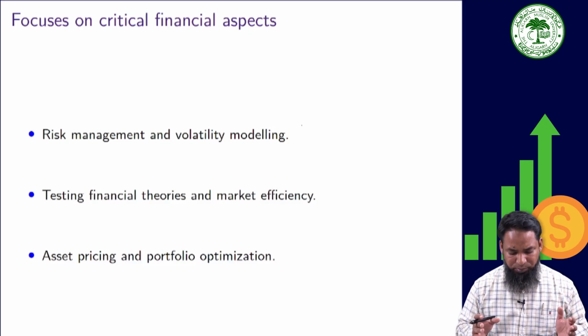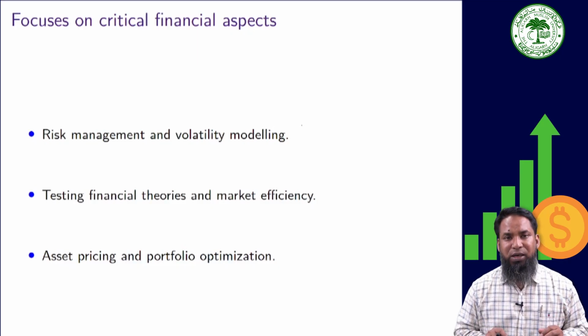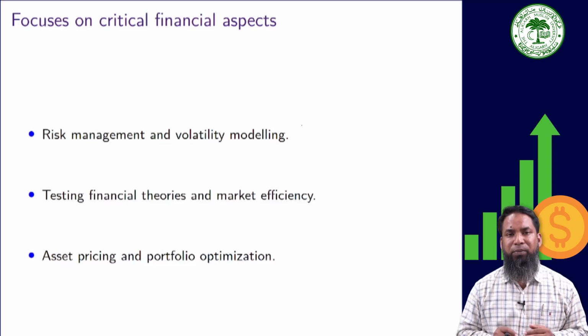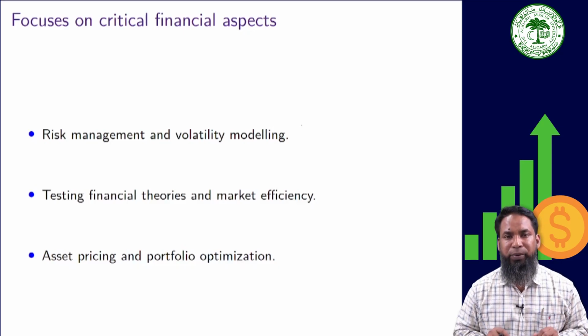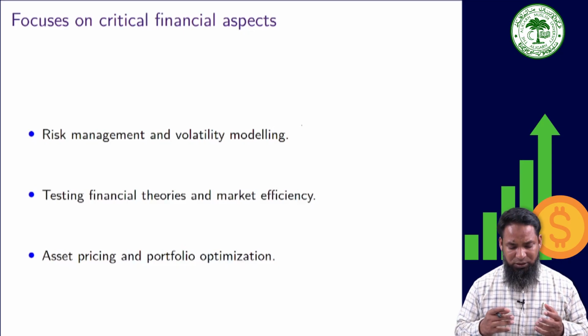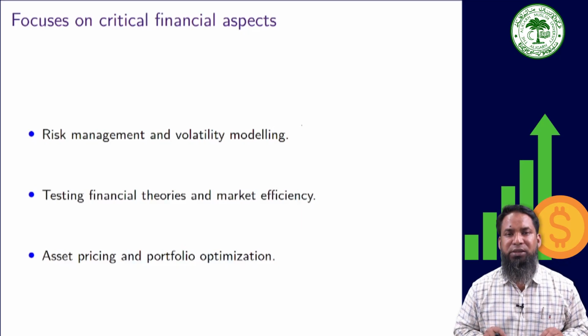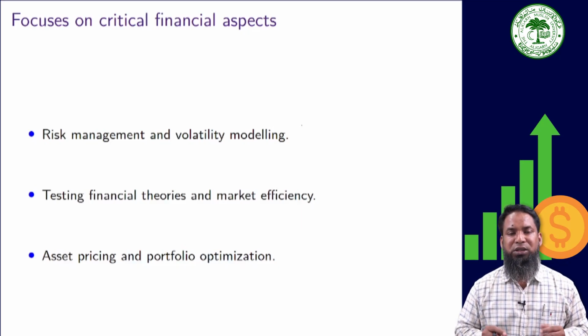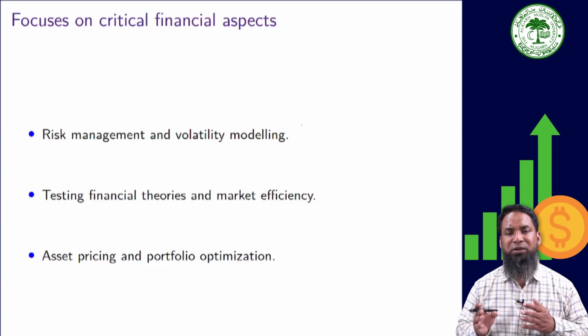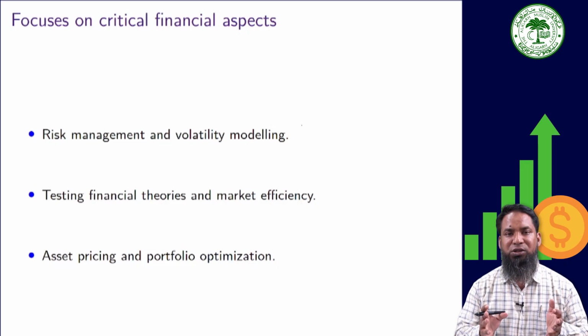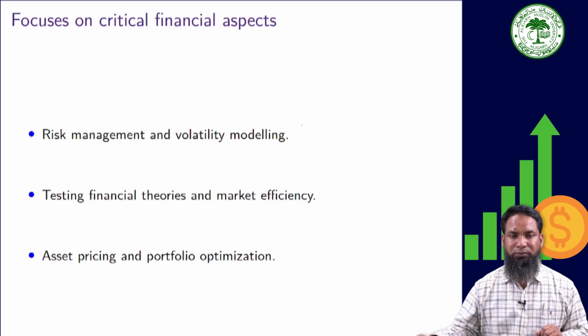So this context warrants that we need a specialized branch of econometrics, which is known as financial econometrics. In simple terms, we can say it is econometrics for financial data, which has certain unique characteristics, and where the focus is on specialized aspects of finance.